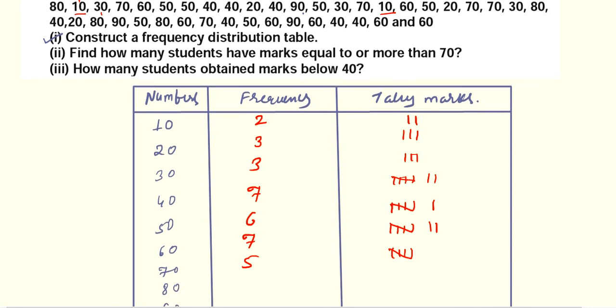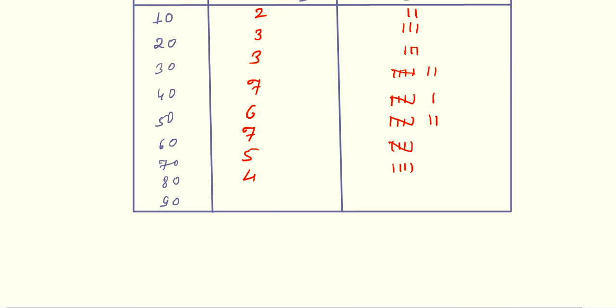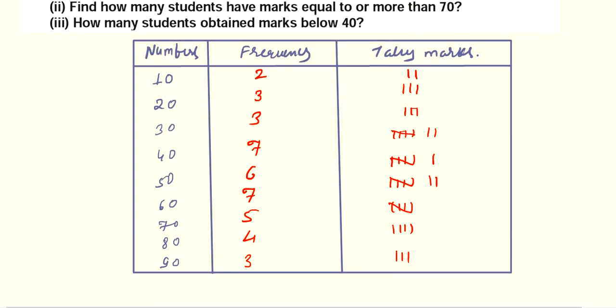Then 80 we are having 4 times, 1, 2, 3, 4. Then 90 that we are having 3 times, so 1, 2, 3. So this is your first question, prepare a frequency distribution table.